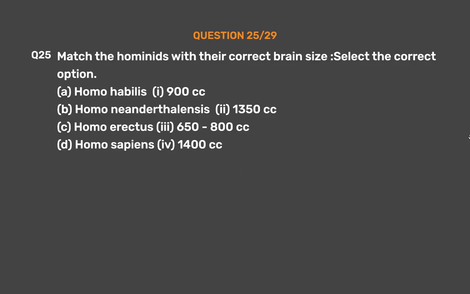Question number 25. Match the hominids with their correct brain size. Select the correct option. A, Homo habilis, 1, 900 cc. B, Homo neanderthalensis, 2, 1350 cc. C, Homo erectus, 3, 650 to 800 cc. D, Homo sapiens, 4, 1400 cc.